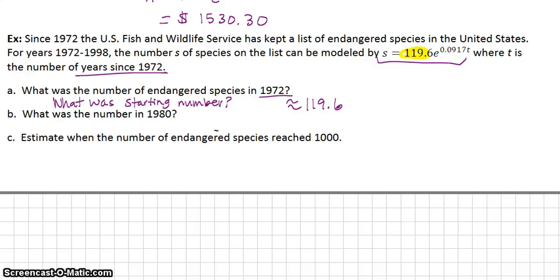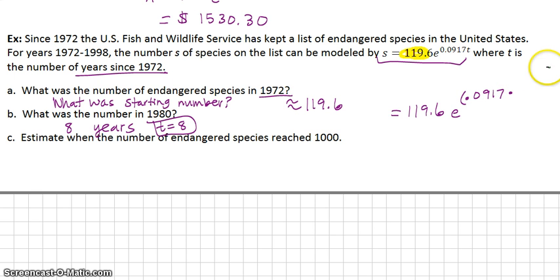First I have to ask myself, how many years past 1972 is this? It is 8 years past 1972. That means T is 8. I am going to use the formula and plug in an 8 for T. And again, make sure that both of these parts in the exponent are multiplied together in the parentheses there.